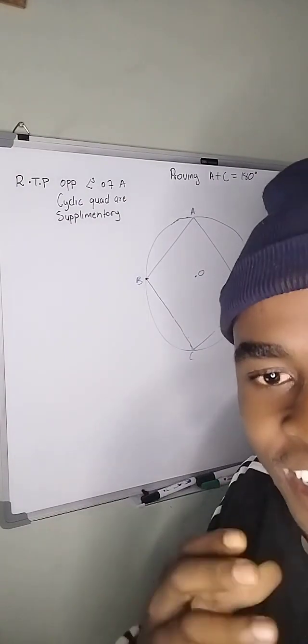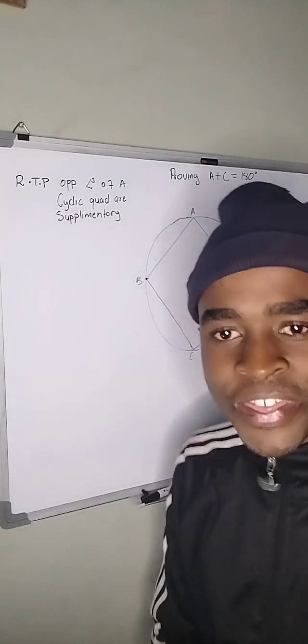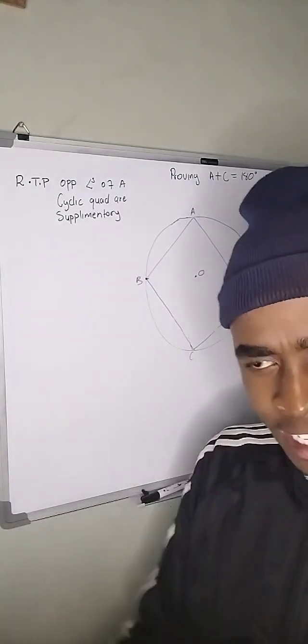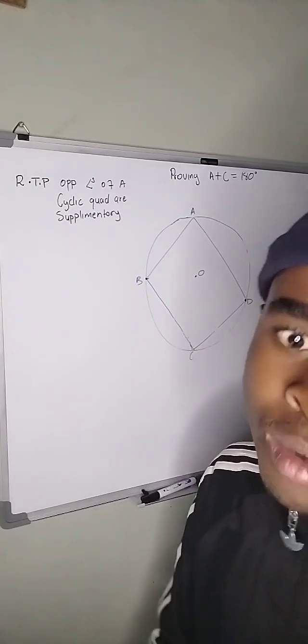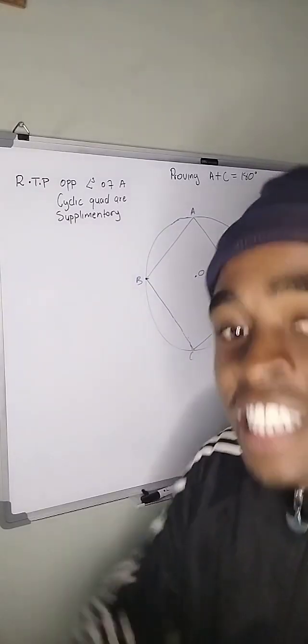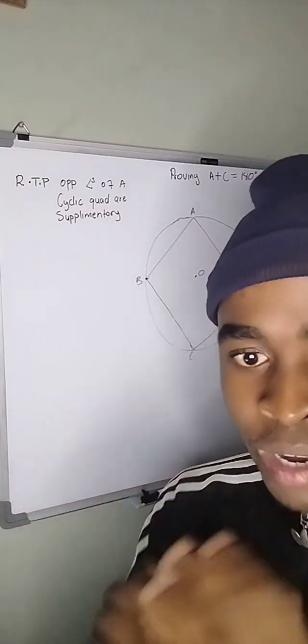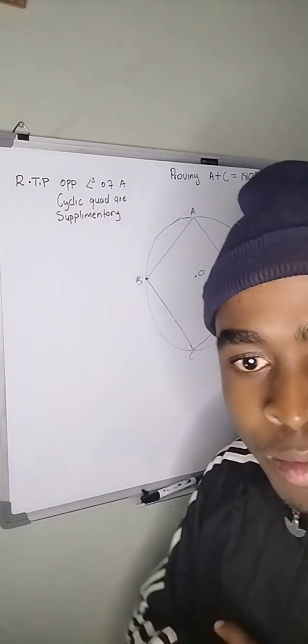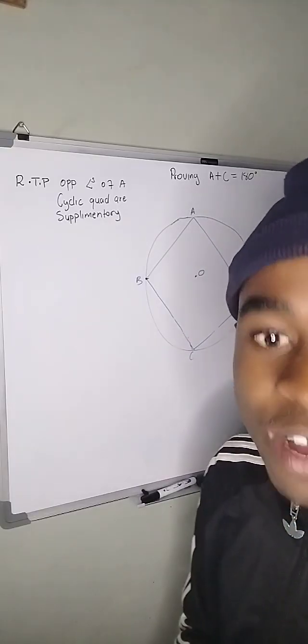What is it that we are talking about when we talk about a quadrilateral? In general, not a cyclic quadrilateral. It is a type of polygon in geometry that has four angles.